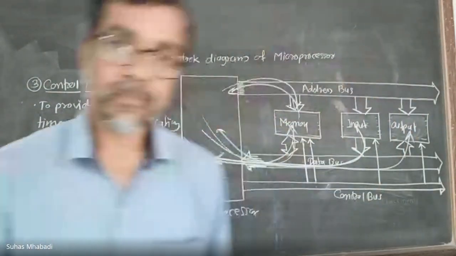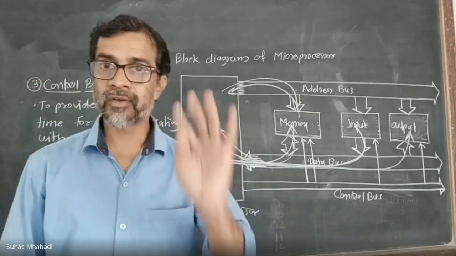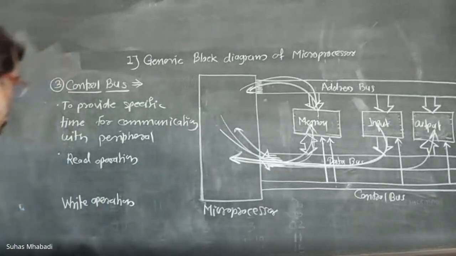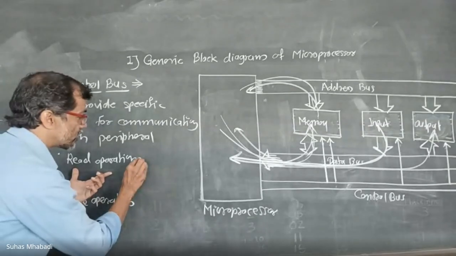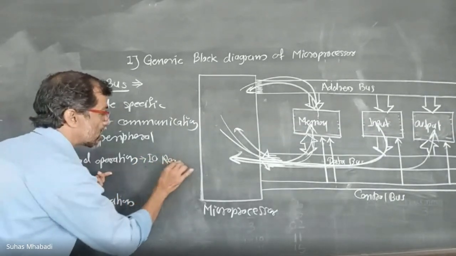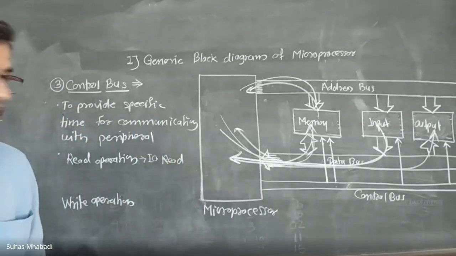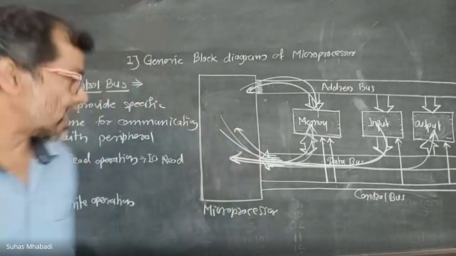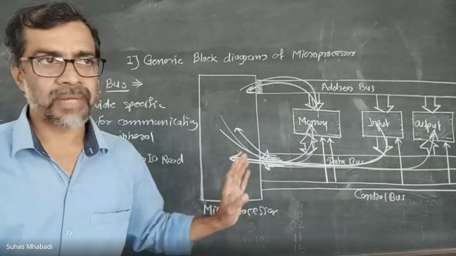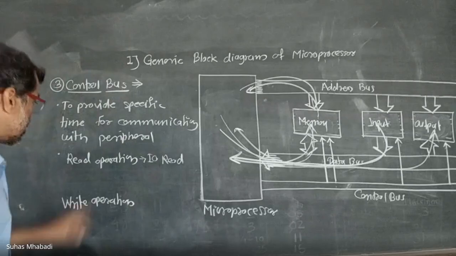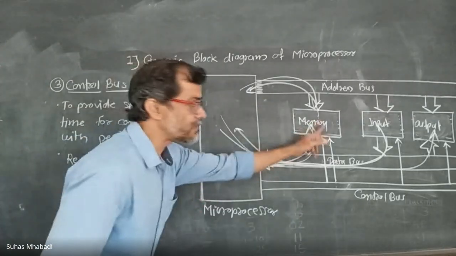See, I have explained four different operations. Let me write them down one by one. So first of all, the reading process: it is IO read. IO read means data should flow from the input device to the processor. IO is input output device. Perhaps with the output device, we can't read the content. Second reading process is with respect to memory.